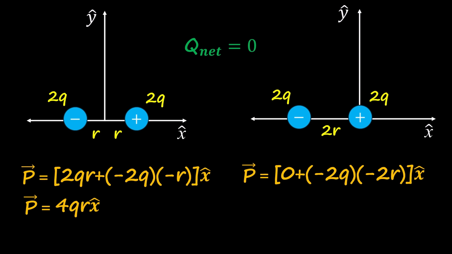And if you simplify this, we'll get this expression. Now here comes the interesting part. In both the cases, the dipole moments are the same. And this is a very important property. That is, if the net charge is 0, then the dipole moment will not depend on the frame of reference.